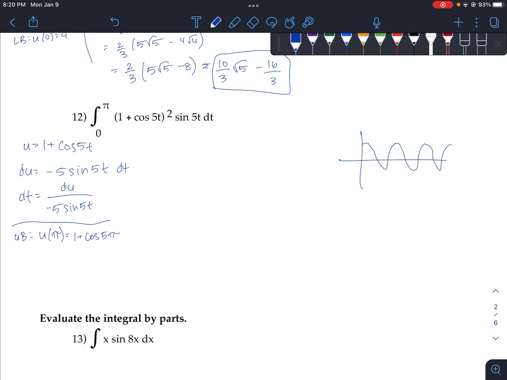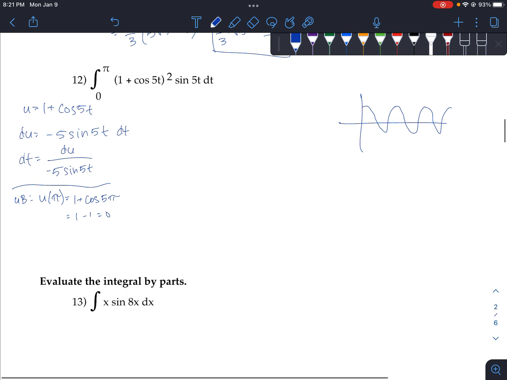This is going to be 6 pi. So 1 pi, 2 pi, 3 pi, 4 pi, 5 pi. So it's going to be negative 1. So this is going to be equal to 1 minus 1, which will be equal to 0. And for a lower bound, u of 0 would be equal to 1 plus cosine of 0. Cosine of 0 is positive 1, so this will result in 1 plus 1, which will be equal to 2.